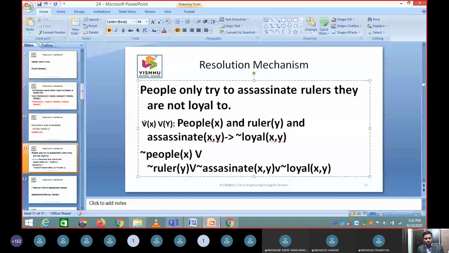So straight away I have removed this for all x for all y, and obviously this can be your final clause form.